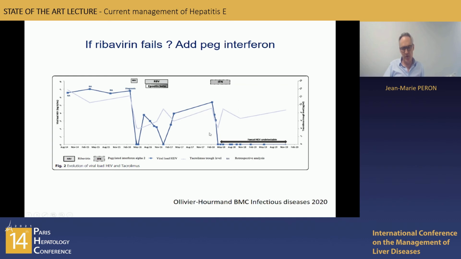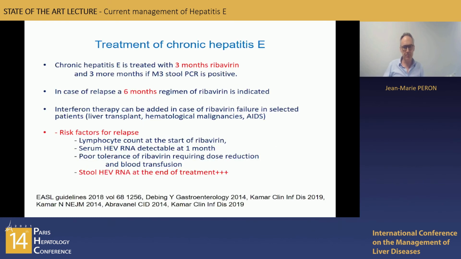But this paper here is from Caen in France, and they very nicely showed that in a patient with renal transplant, ribavirin had not good efficacy. They added interferon, and they obtained undetectable HEV, curing the patient. So if you're very careful, you can treat these patients with the combination ribavirin and interferon.